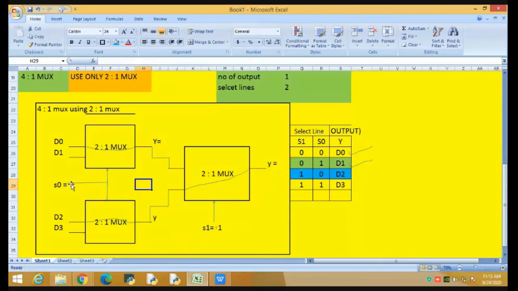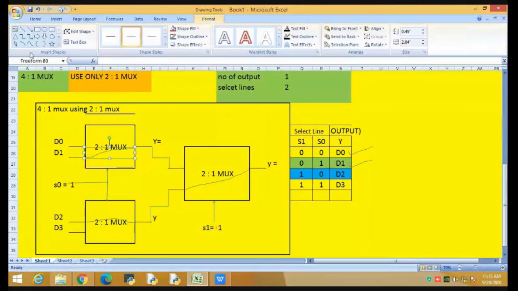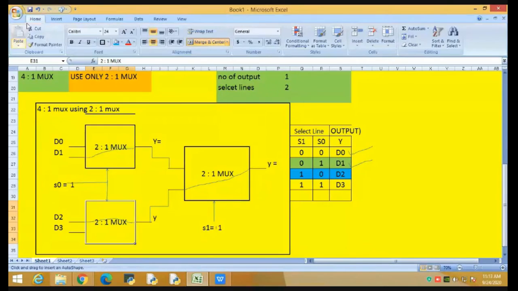So this 1 comes to here and here also, so with S0 equal to 1 it selects the second line. Similarly, here it also selects the second line.